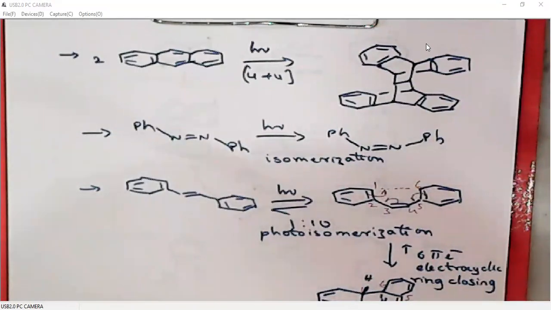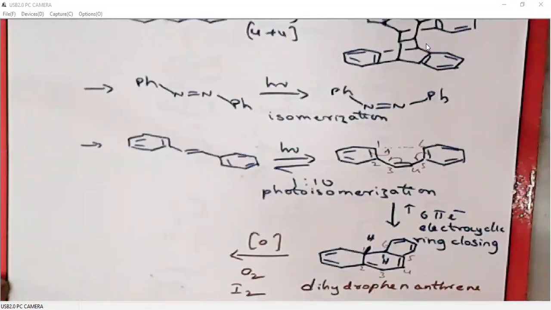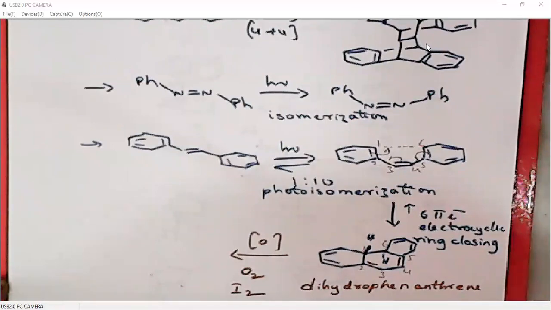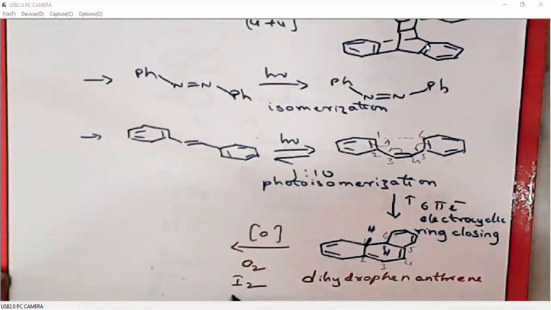This is called dihydrophenanthrene. Dihydrophenanthrene, because if you remove the two hydrogens, it is phenanthrene, right? So this can be easily oxidized using some oxidizing reagents like oxygen or iodine, or FeCl3.